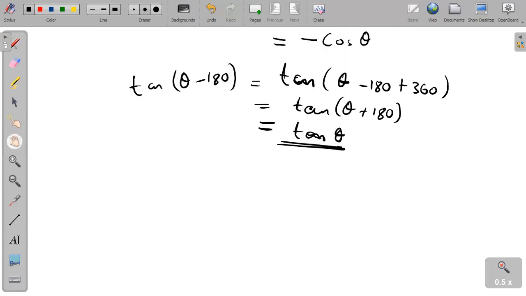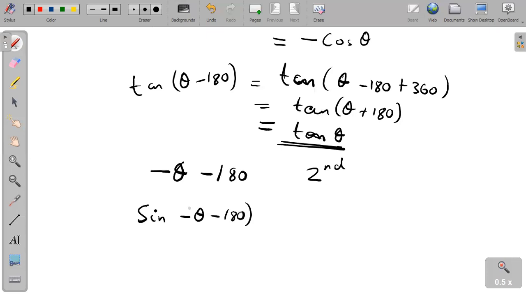From theta minus 180, we also have negative theta minus 180. So negative theta minus 180 can be found in the second quadrant. So it is the same thing again. Say we want sine of minus theta minus 180. We can still do the same thing.